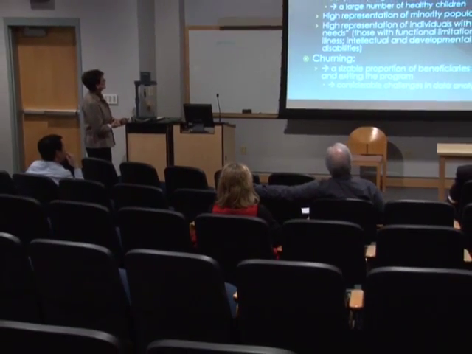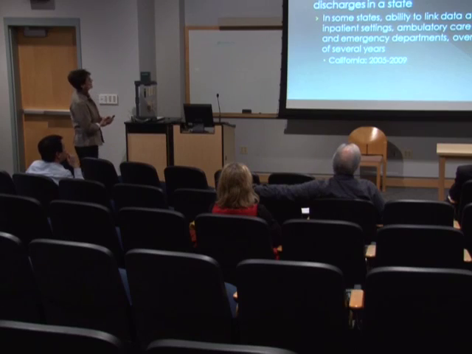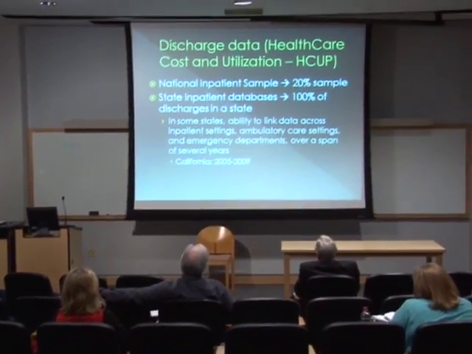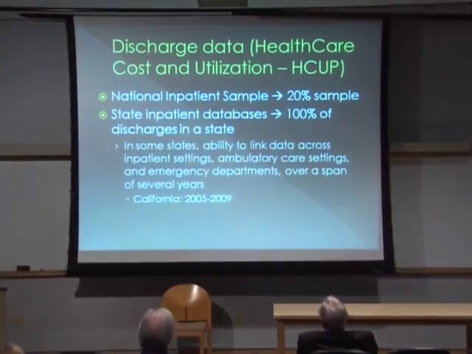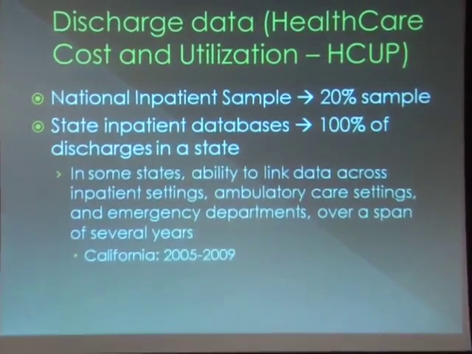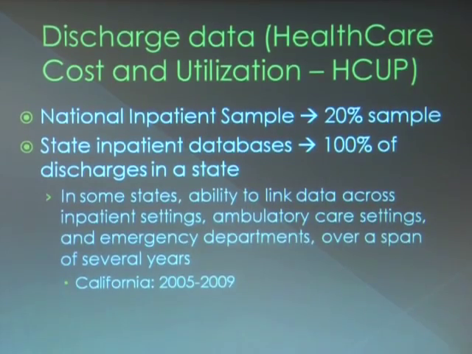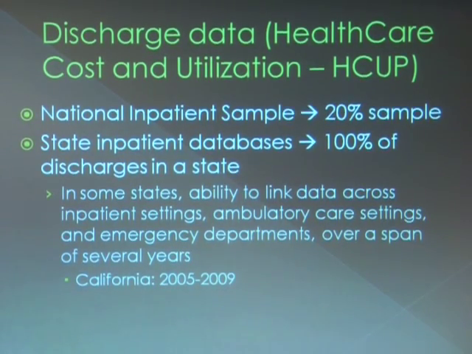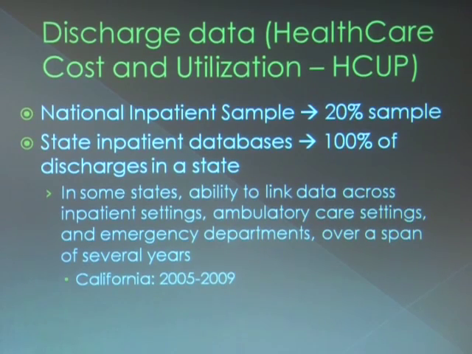All right. So discharge data from the HCUP. This is a very interesting database. Like I mentioned earlier, this covers all payer data. Whether you are uninsured or privately insured or Medicare or Medicaid, you will be covered through the HCUP.